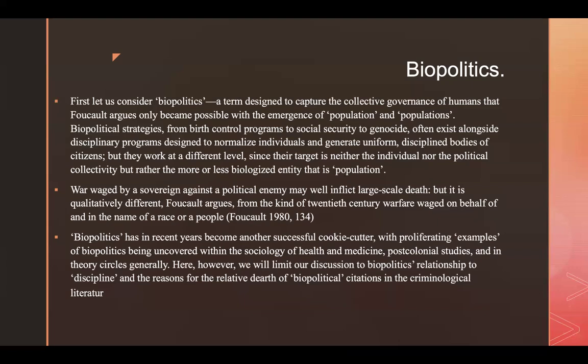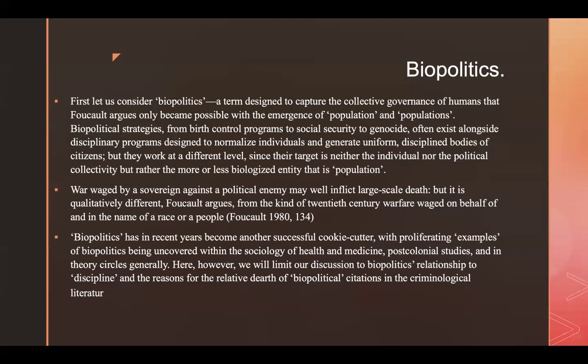Biopolitics has in recent years become another successful cookie cutter, with proliferating examples of biopolitics being uncovered within the sociology of health and medicine, postcolonial studies, and in theory circles generally.